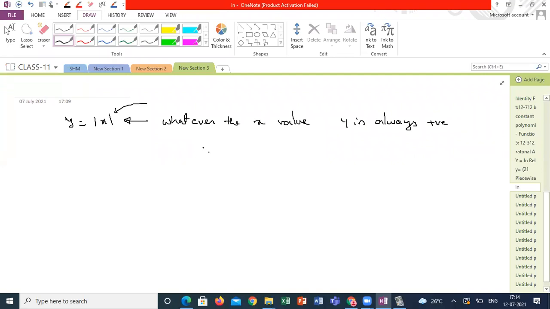Yes, sir. If x is equal to plus 1, y is plus 1. If x is equal to minus 1, y is also plus 1. Sir, if x is minus 1, y should be minus 1, not? No, y is never negative. y is modulus of x. What is the meaning of modulus? y is equal to the magnitude of x.